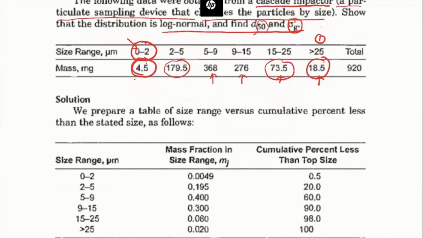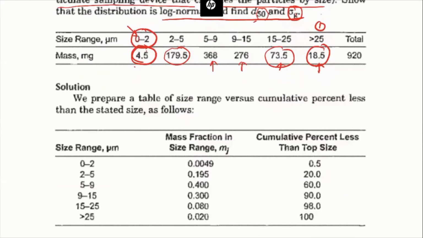The way we do that is, let's say we first list out the cascade impactor stages: 0 to 2, 2 to 5, 5 to 9, 9 to 15, 15 to 25, and above 25. So we can list out the mass, and we have 4.5. I'll just copy all of these numbers here.